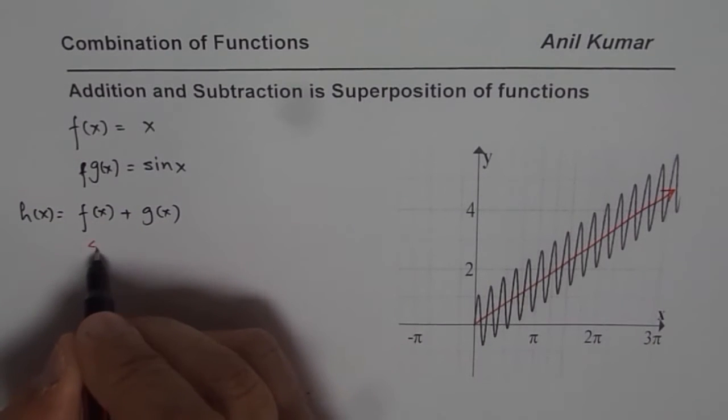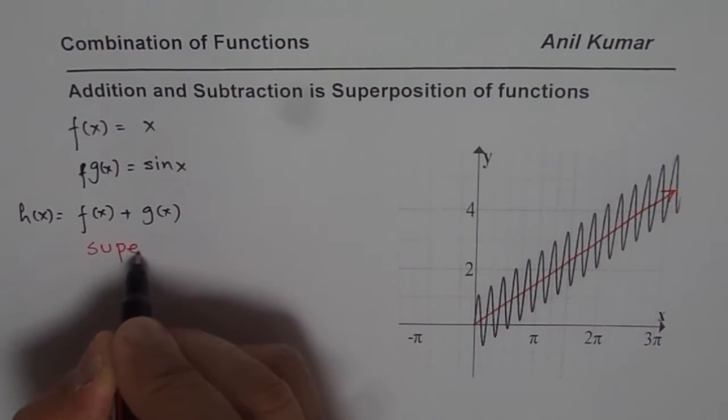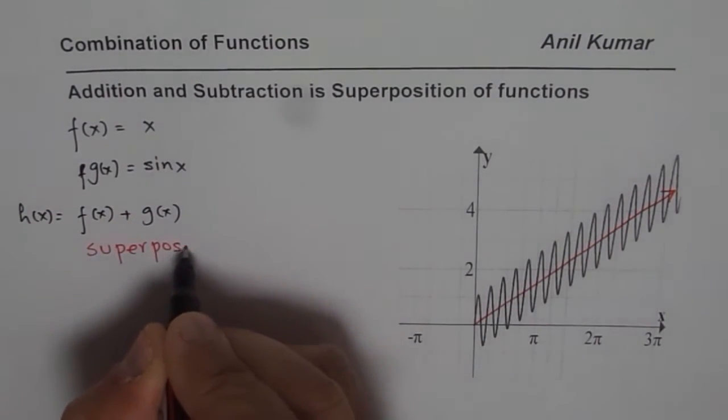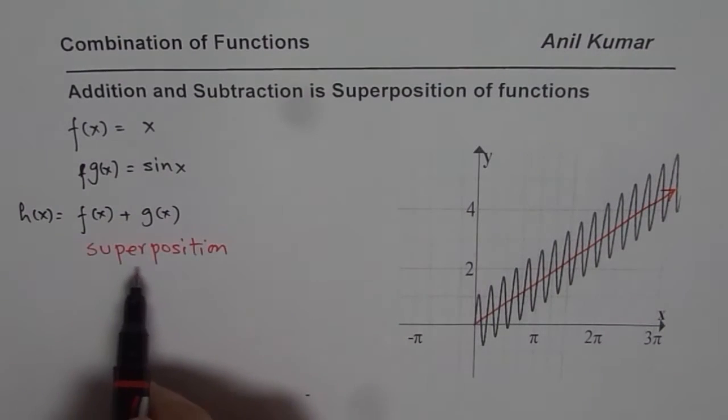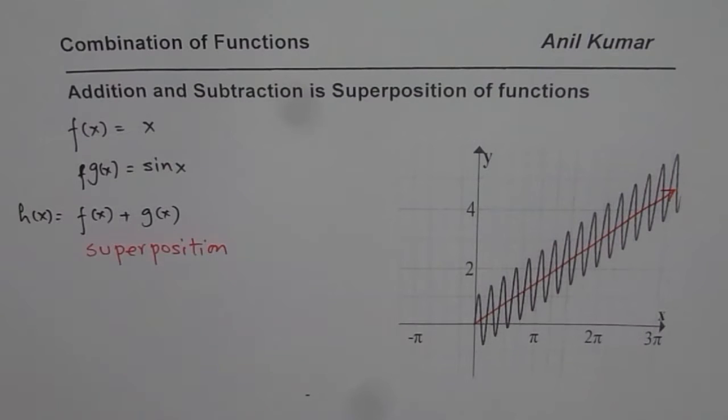So that is what we call superposition, right? So superposition of functions. So combination of functions is superposition of functions for their corresponding x values. So that is, in short, how we can understand what happens when we combine two functions, right?